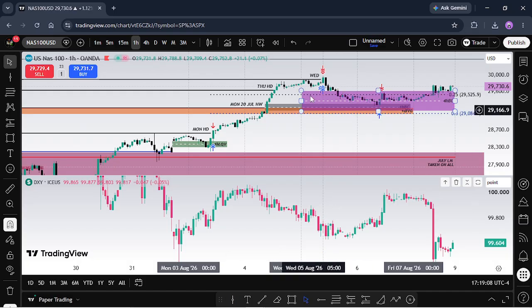So this made a higher high. Then it made a lower low. Okay. It was the highest high. This is the low of the week. The low of the week is here. No, no, no. It took the low of the week here.